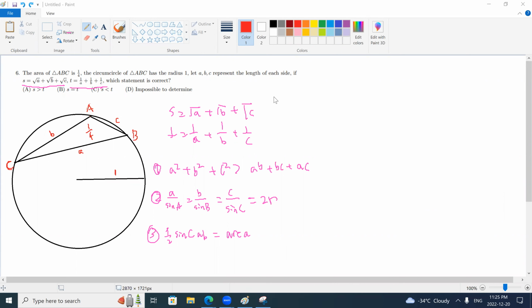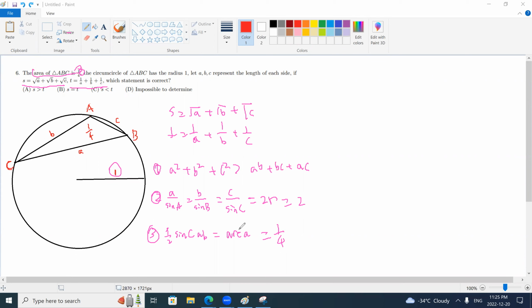Okay, so let's first use formula number 2 and 3. Let's combine them together. This is equal to 2, right? Because the radius is 1, so this is equal to 2. This is equal to 1/4. It literally says that right here: the area is equal to 1/4.